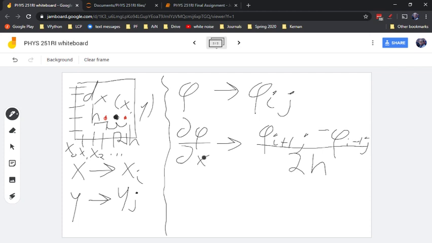Similarly, when it comes time to do the derivative with respect to y, instead of I plus 1 and j, you just have I and j plus 1. And instead of I minus 1 and j, you have I and j minus 1, because at that point, you want a derivative with respect to y, you have to go 1 point above and 1 point below. Again, that's going to get you 2h on the bottom.